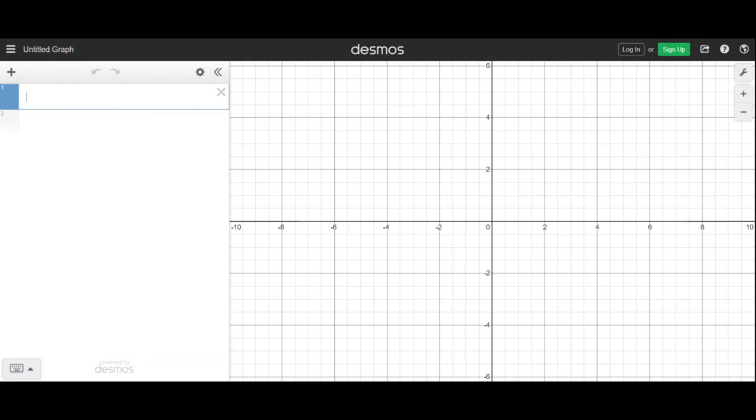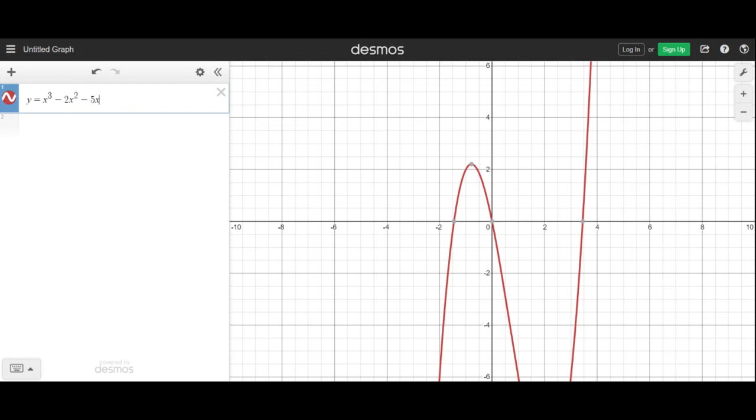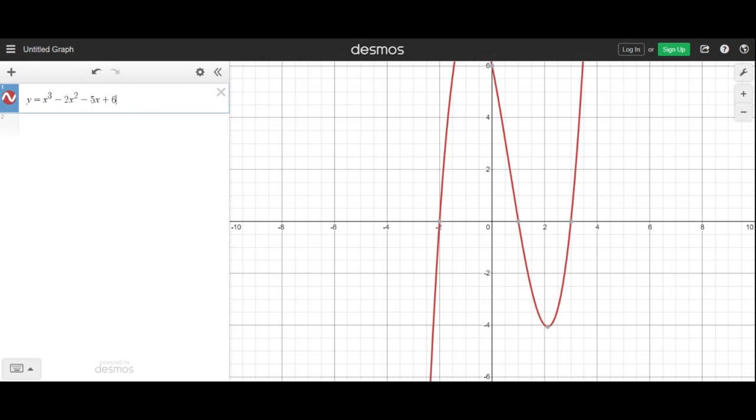All right, so now I'm going to put in y equals x cubed minus 2x squared minus 5x plus 6. Now, if you remember, we set this thing equal to 0. So now what I'm looking for are the zeros of this function.